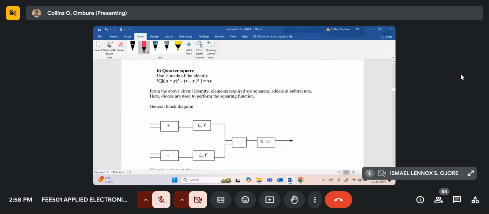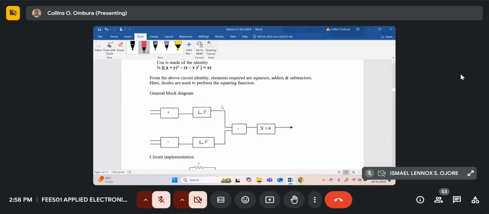So if you use this identity, we need adders for x plus y. We need subtractors, x minus y. And then we need squarers to perform the function x plus y squared, and also x minus y squared.